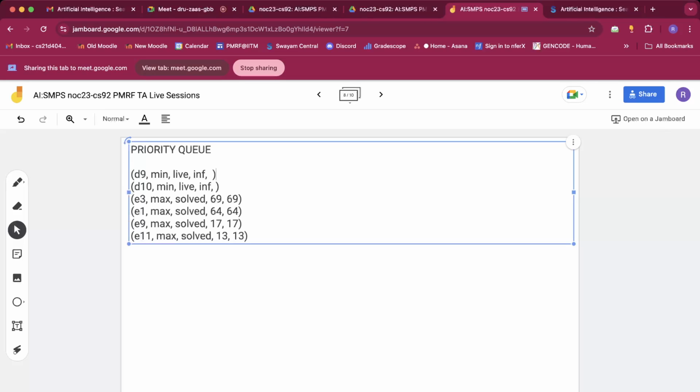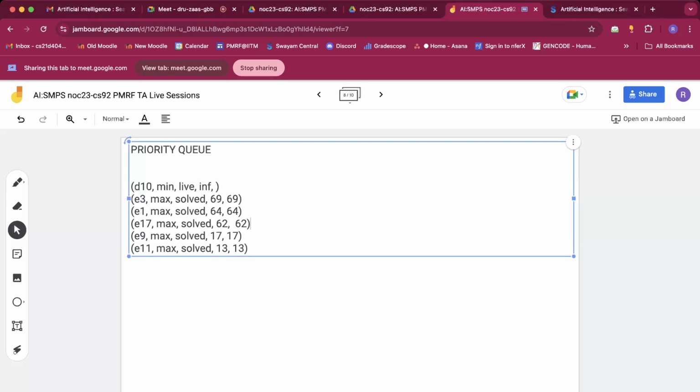Again, when we expand D9 or pop D9, we will be adding E17, which will be a max node, live node, infinite bound, and a value of 62. Okay, again this is solved, so we can label this as solved. Change the bound, pop it, and add it to the priority queue over here.